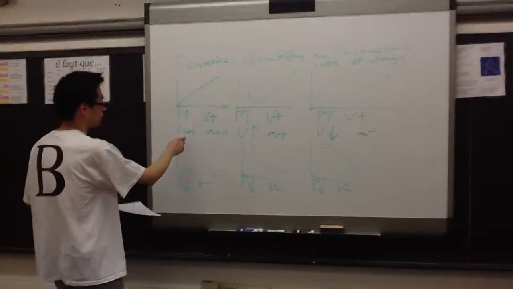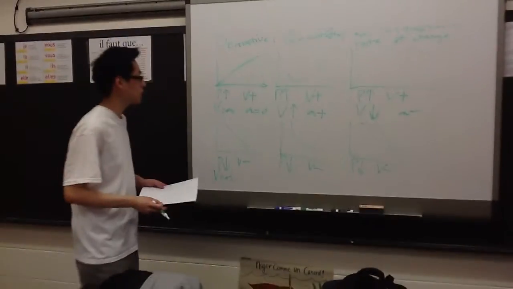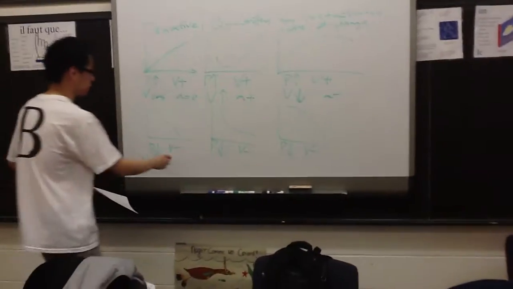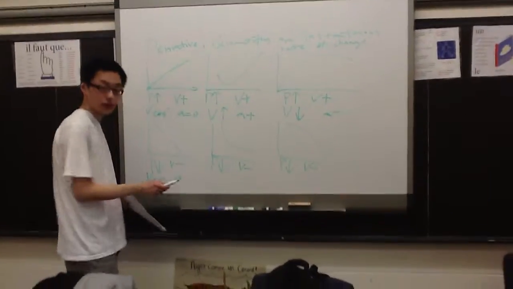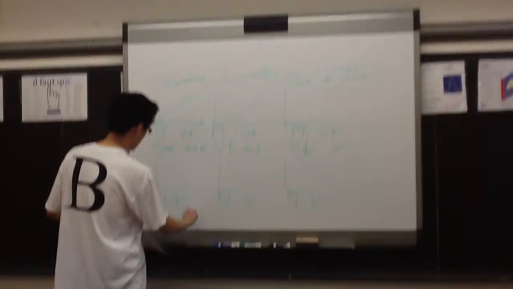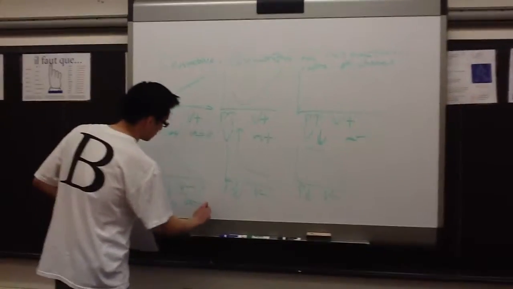Do you know the positive one? So next we discuss the negative one. Yeah, the same thing. The velocity is constant, and the velocity is negative. Oh, this one is also, sorry, this one acceleration also equals 0.